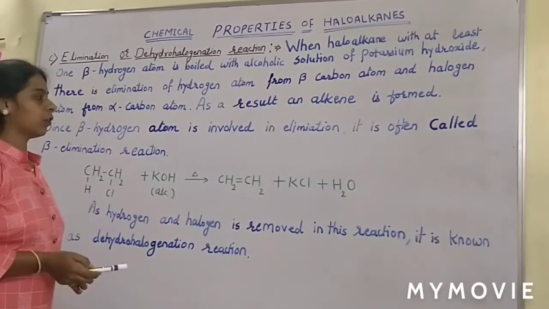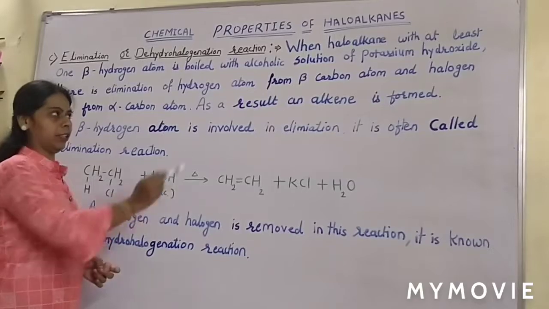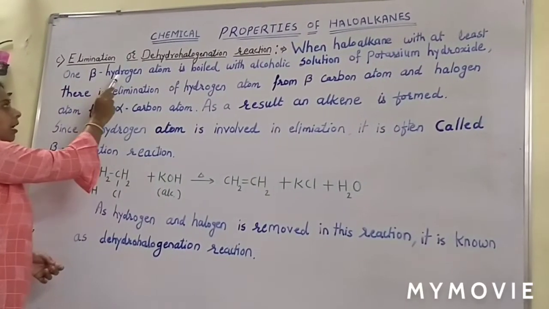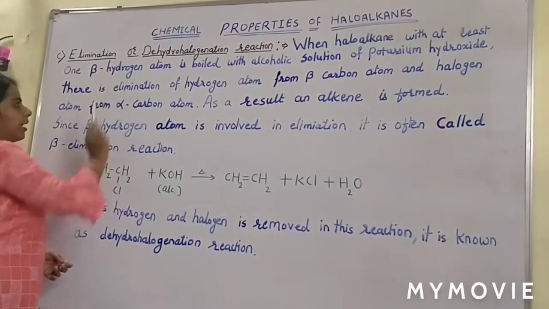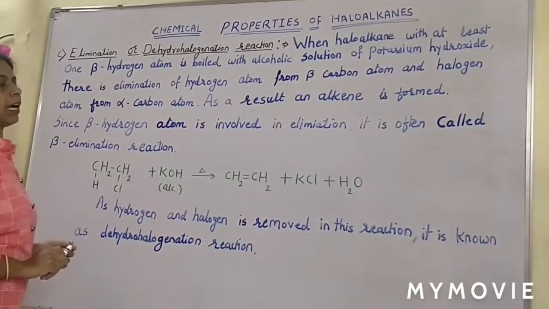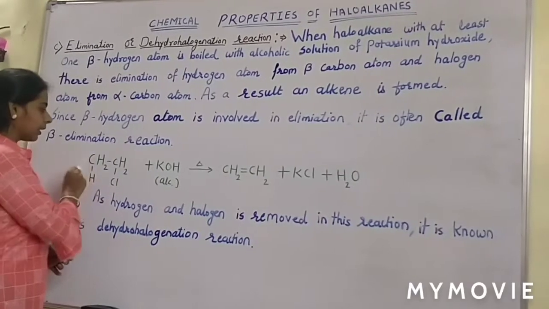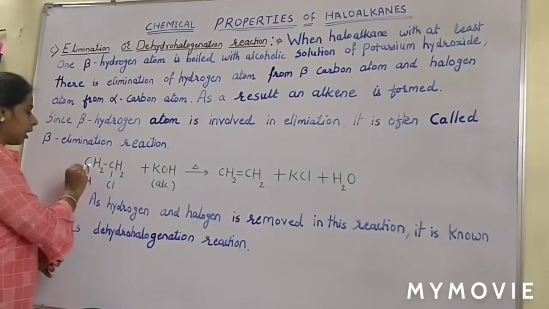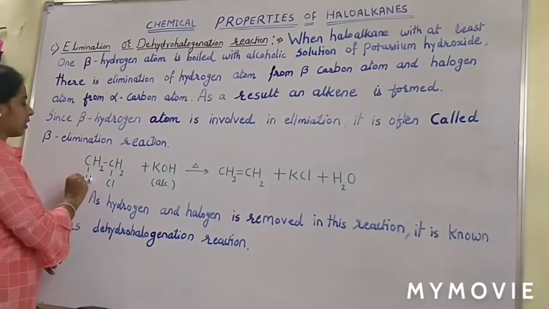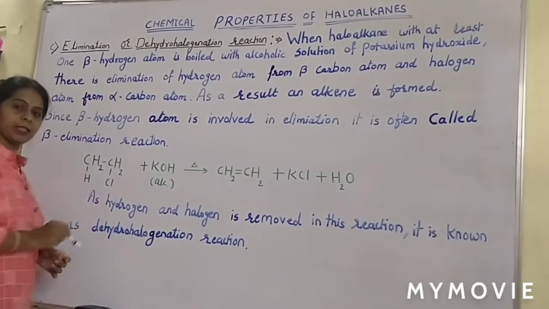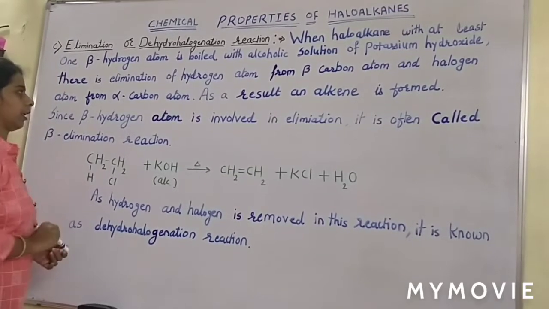Now we'll see the description of this reaction. When a haloalkane with at least one beta hydrogen atom, means those haloalkanes, is boiled with alcoholic solution of potassium hydroxide. Now see, this is the haloalkane and it has one beta hydrogen atom. This is the beta carbon atom and the hydrogen attached to the beta carbon atom is a beta hydrogen atom.